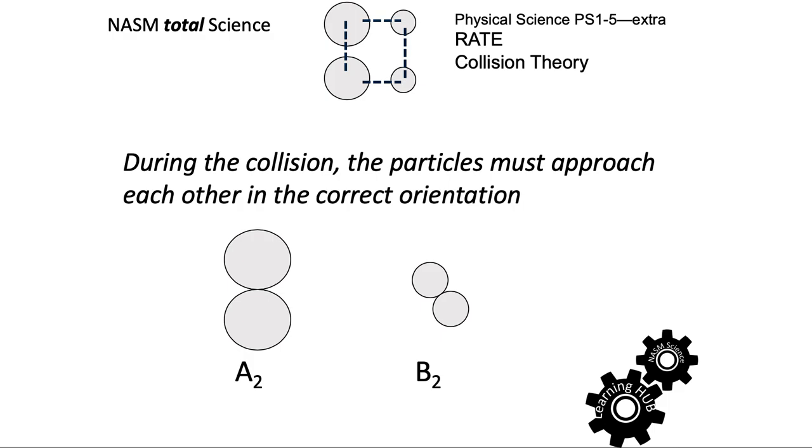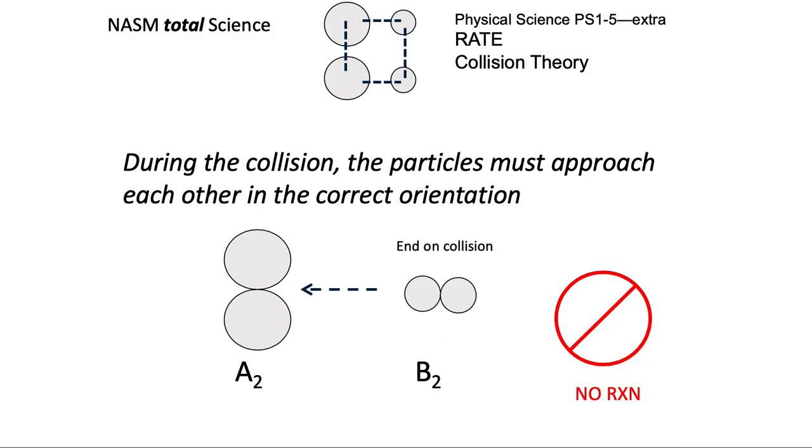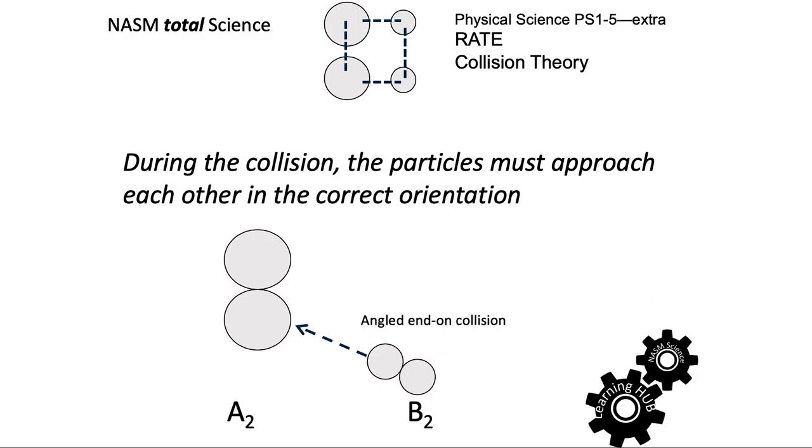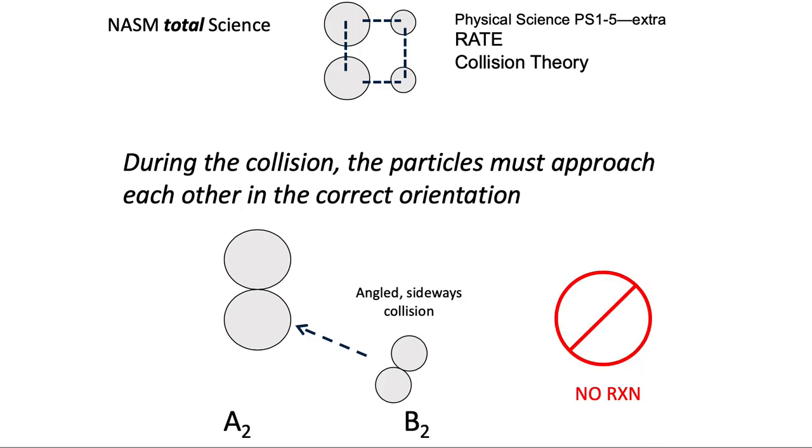So during the collision, the particles must approach, and if they do so in this direction, it won't be successful, nor indeed if there's an end-on collision in the center, an end-on collision at the top, a glancing end-on collision at the bottom of a molecule, or an angled end-on collision. And we can look at lots more different ways of colliding, such as a sideways collision of the second molecule.